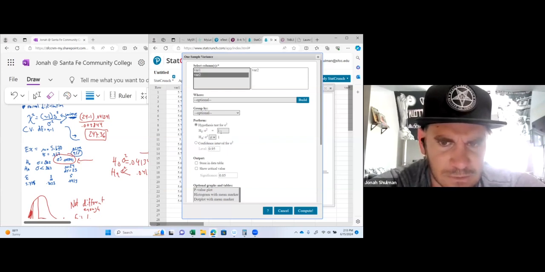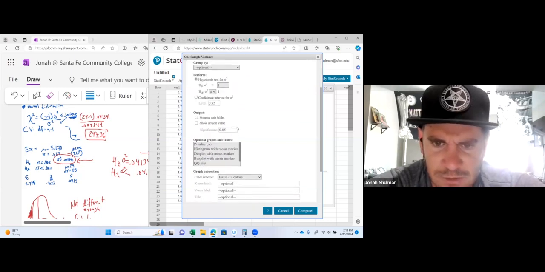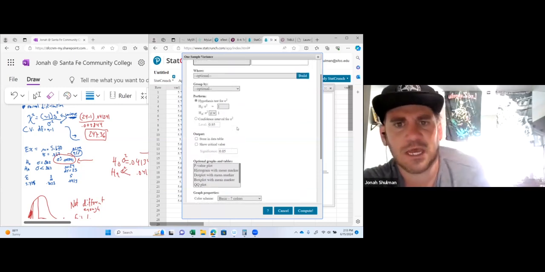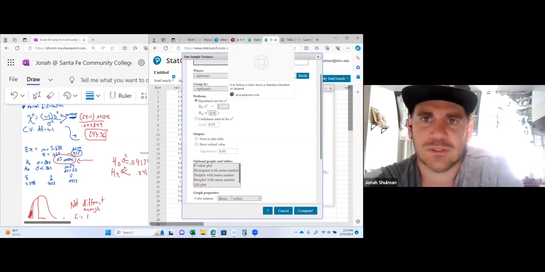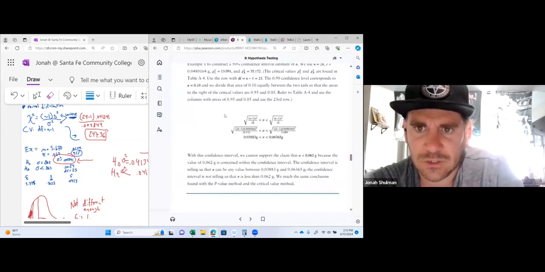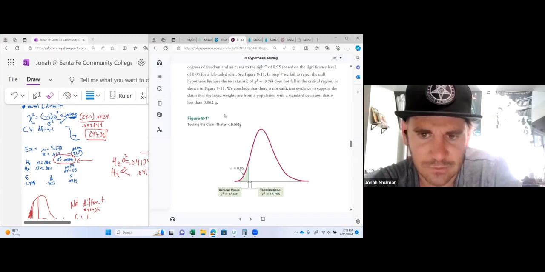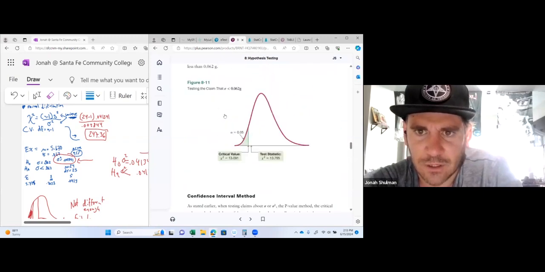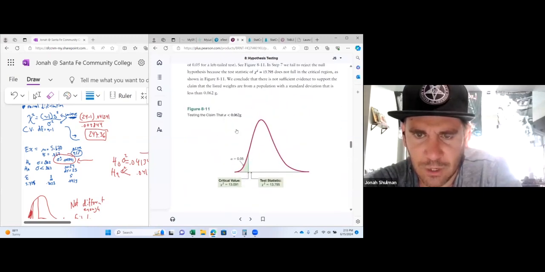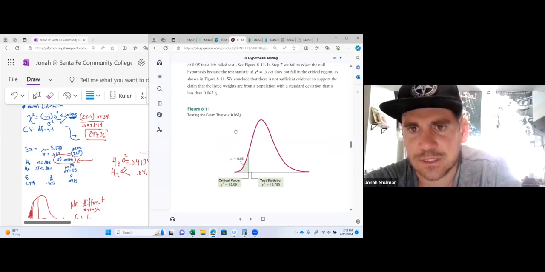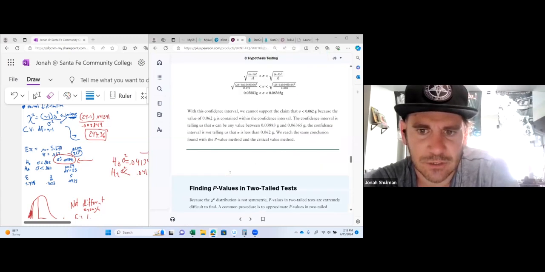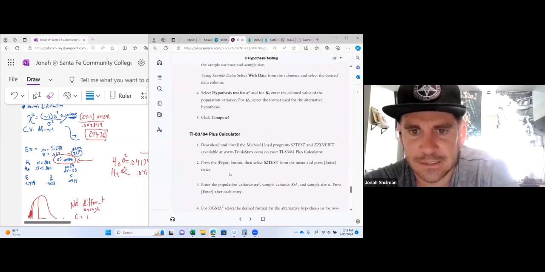We're testing for standard deviation. We can't test this hypothesis that they had us do with the stats because this one only tests for variance, so we can't actually use StatCrunch for this problem. Isn't that exciting?